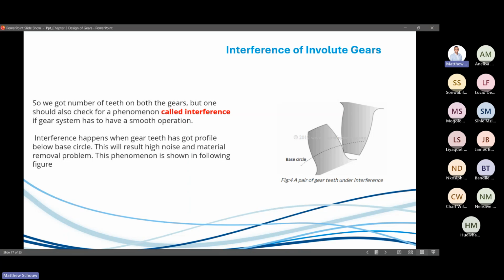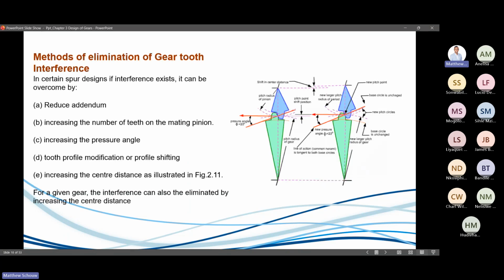And that's interference. There are mathematical ways you can check for that, which I'll come back to. But to basically eliminate interference, you've got to increase the number of teeth, increase the pressure angle, modify the tooth profile, and perhaps increase the center distance. So there are ways of eliminating interference when it does occur.